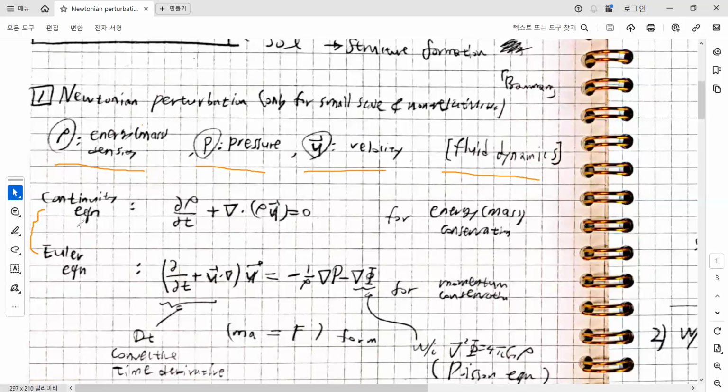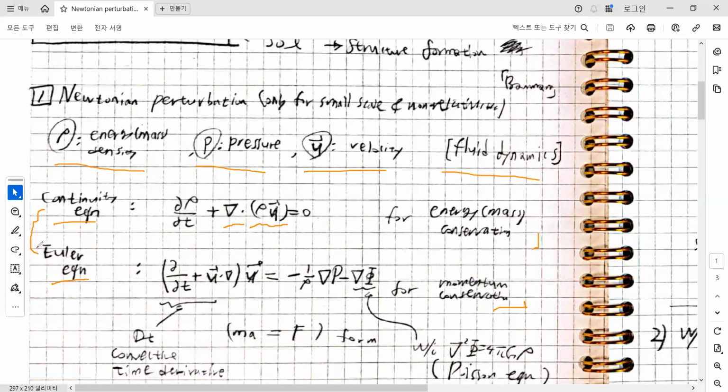The first one is the continuity equation, corresponding to energy conservation, and the Euler equation, which corresponds to momentum conservation. In the continuity equation, there will be the energy density and the energy flow as a multiplication of rho and the velocity. So this gives the energy conservation, with the time derivative and the partial derivative.